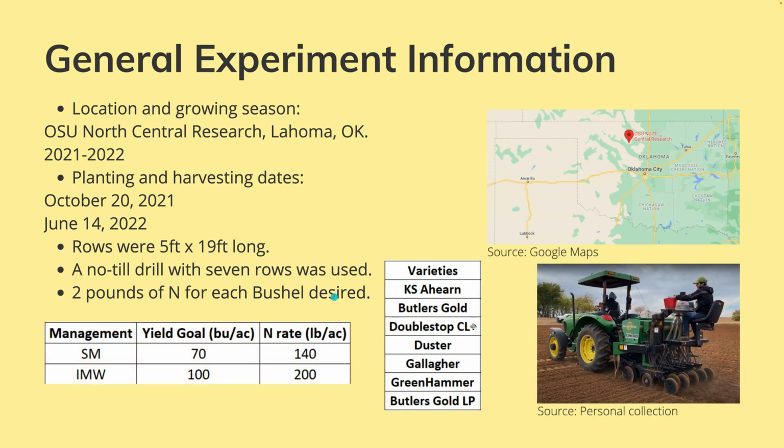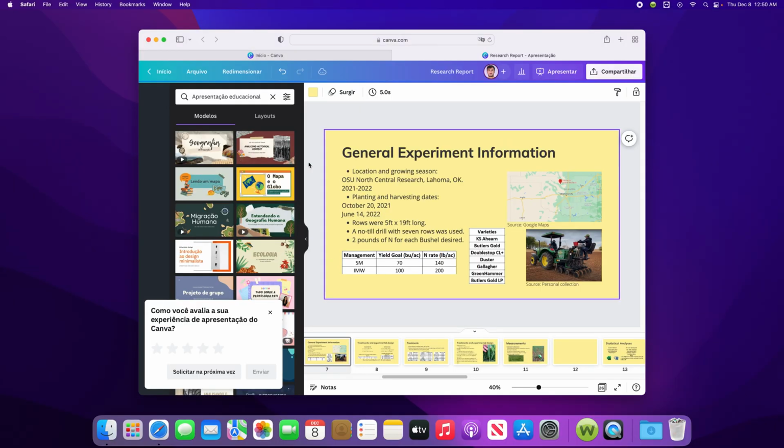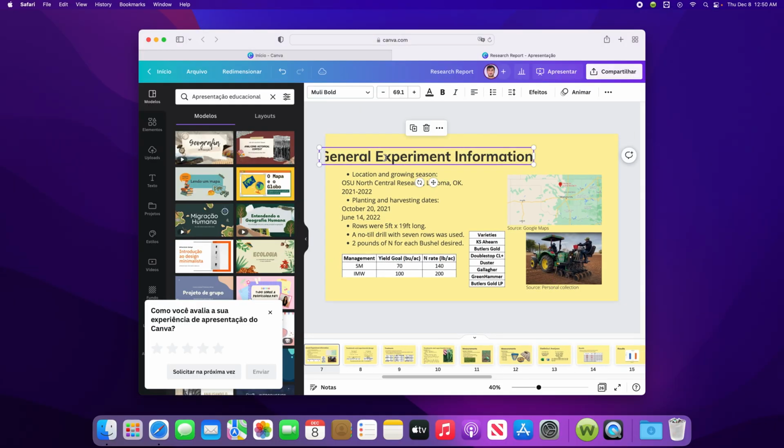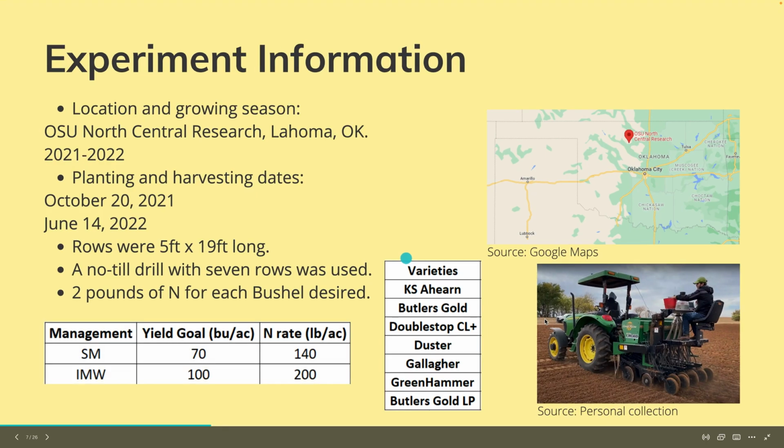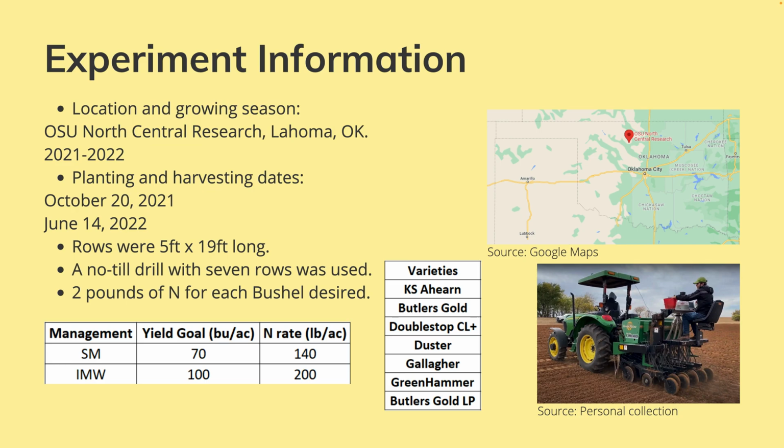General experiment information. The experiment was conducted at the OSU North Central Research Station in Oklahoma, in the season of 2021 to 2022. The planting date was October 20, 2021, and harvest was June 14, 2022.